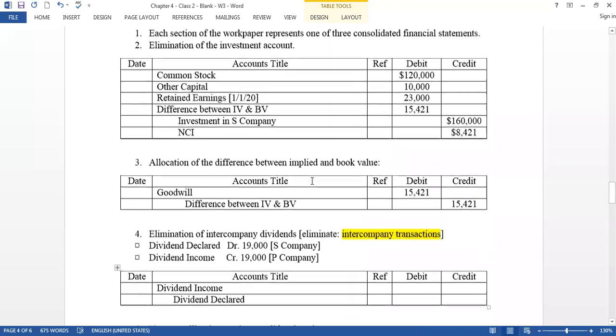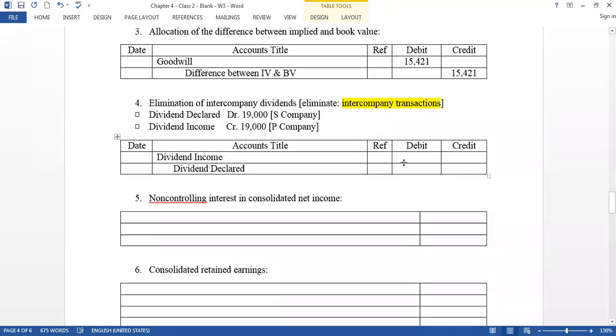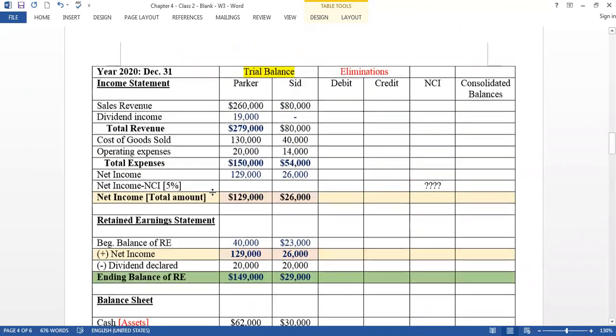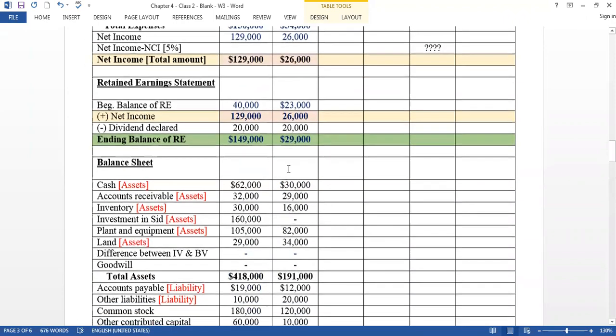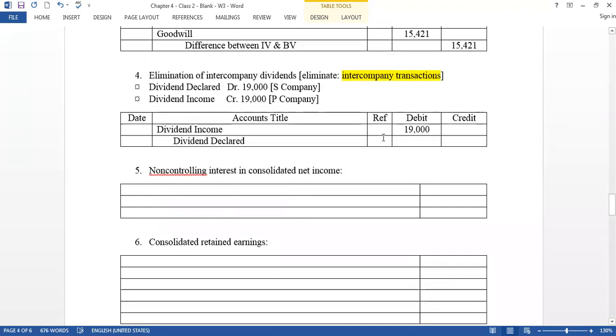Now the question already gives us our dividend income. Our dividend income is $19,000. We already have this information in the question here. So this dividend income is the intercompany transaction, right? For the parent company. We are now preparing the consolidated financial statement for the parent company. So this is an intercompany transaction. We close it.